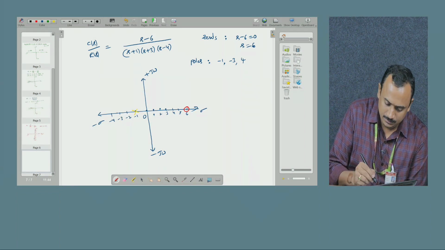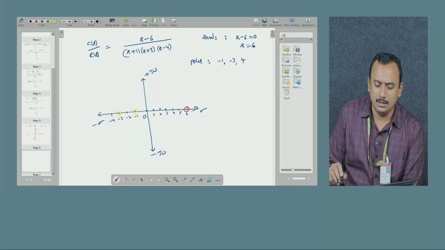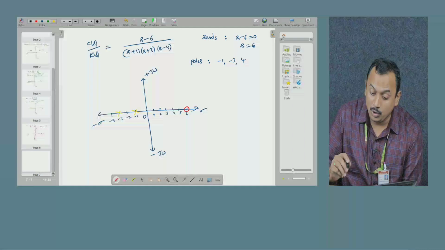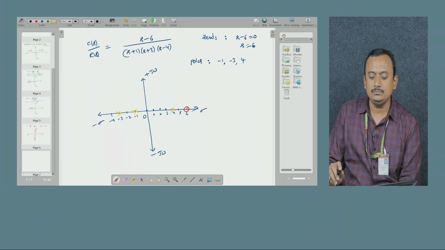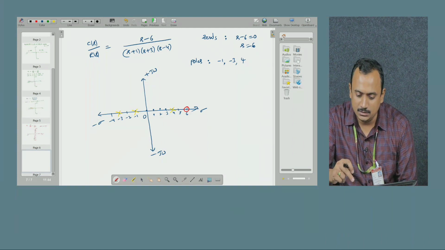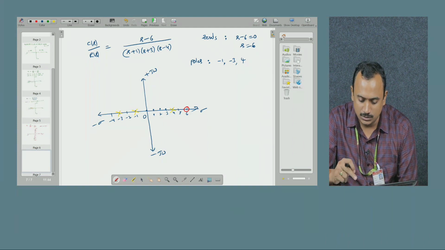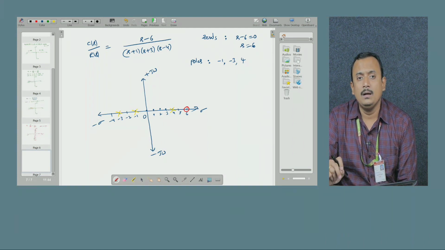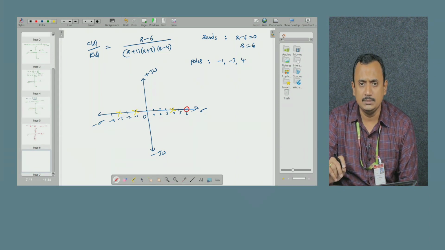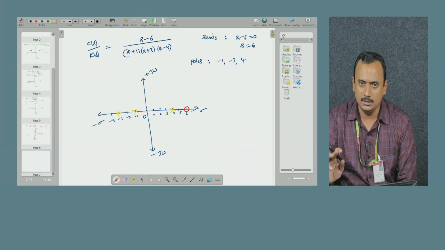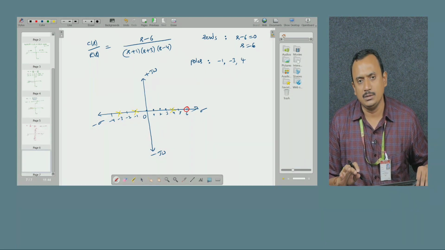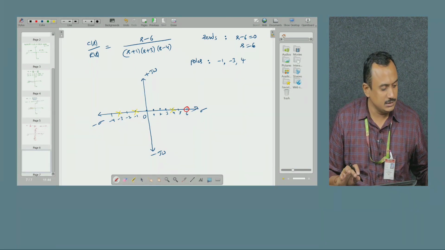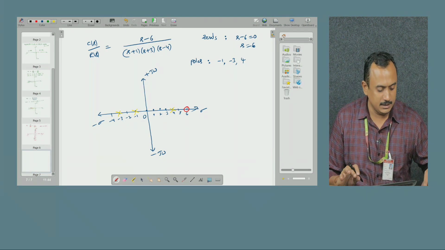At minus 3, and the another pole is a positive pole, that is at 4. See, we have placed all zeros. There is only one zero, that is at 6, and there are 3 poles, so at minus 1, minus 3 and 4. So this is how we are going to represent the poles and zeros on the given s plane.